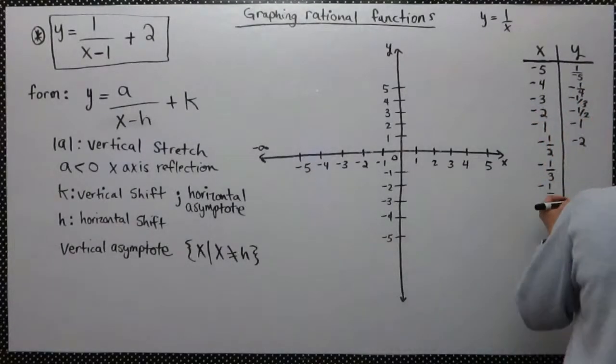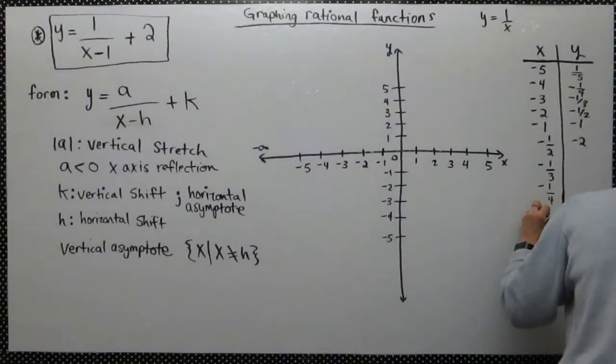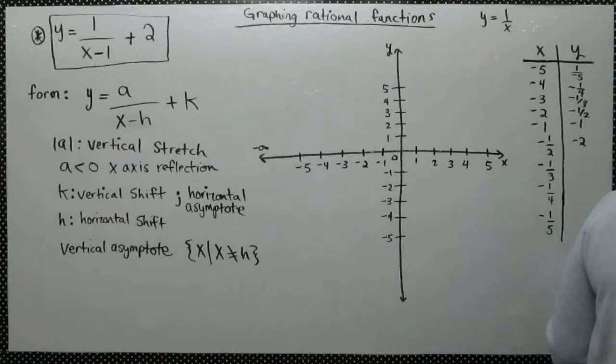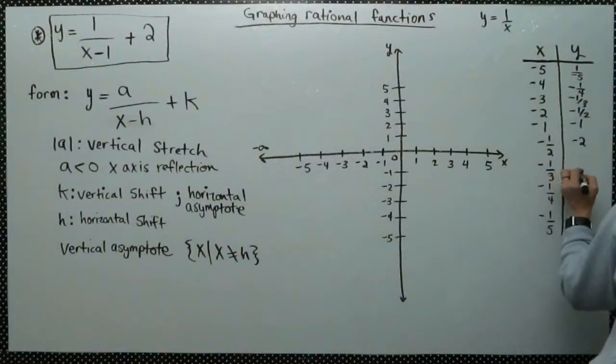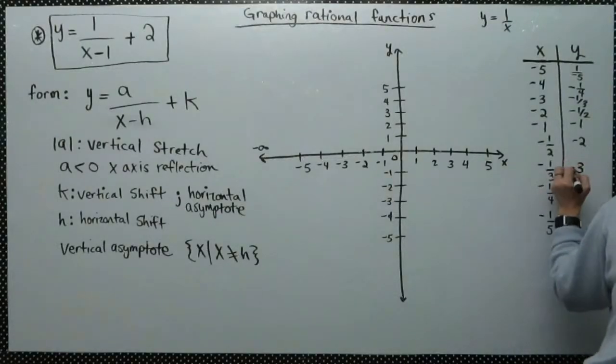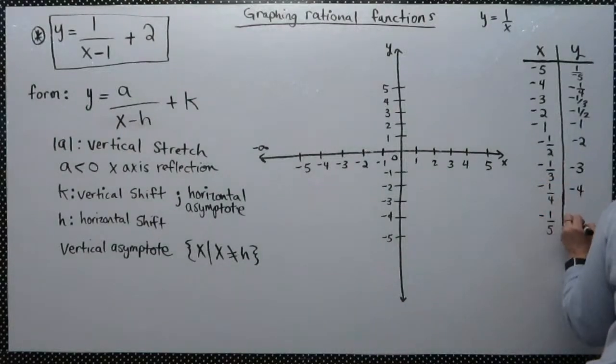And to get nice symmetry, we can go ahead and put -1/5 in here. So -1/3 is going to be -3. -1/4 is -4. And -1/5 is going to be -5.